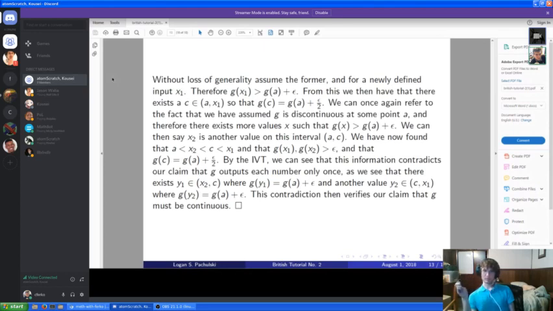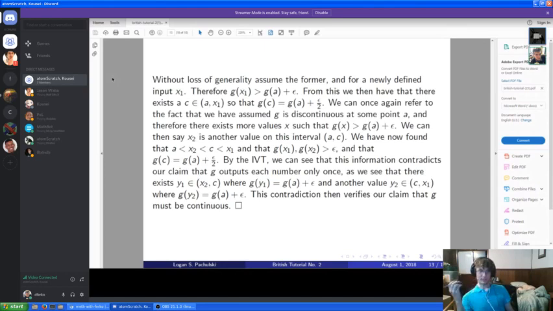Why is that true? What is the "this" that you use to show that that's true? Yes, that is by the intermediate value theorem. Good. Okay. So you're assuming that we're satisfying the conclusion of the IVT, and that's what you use there. Yes. Okay.